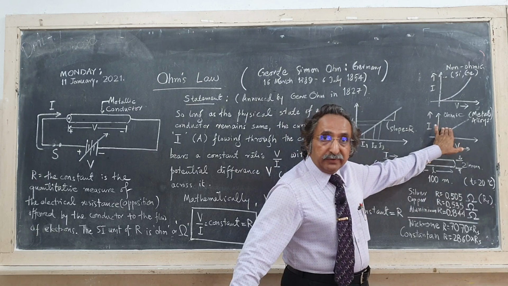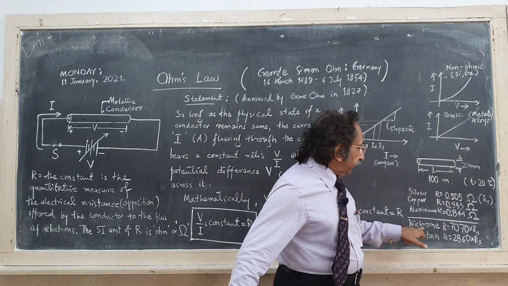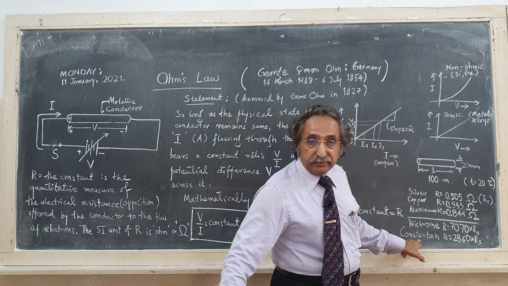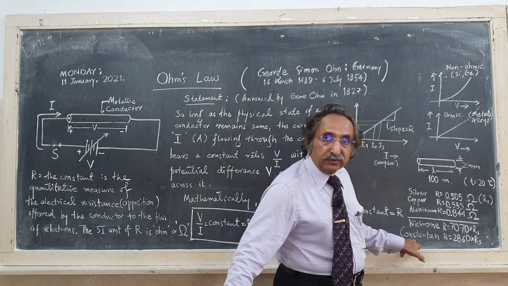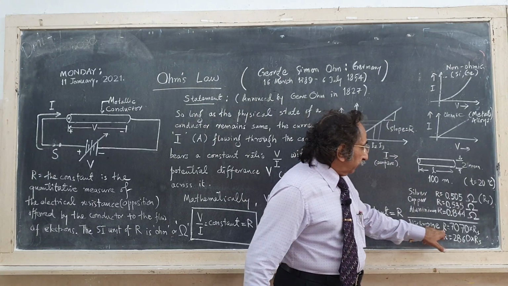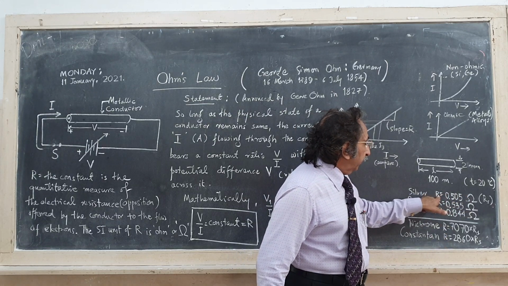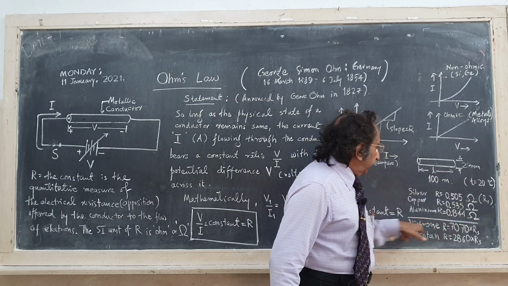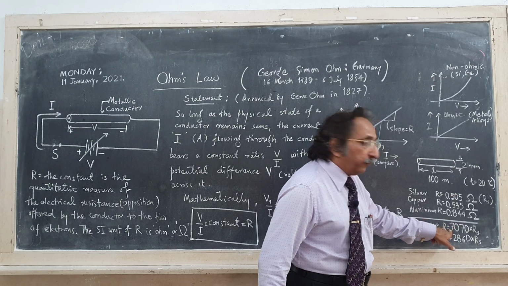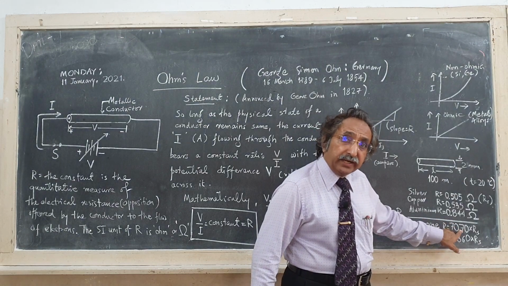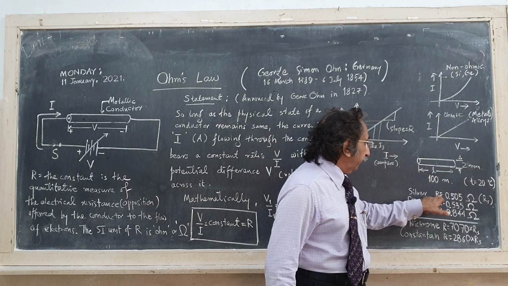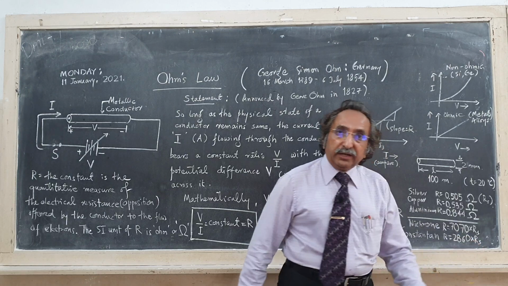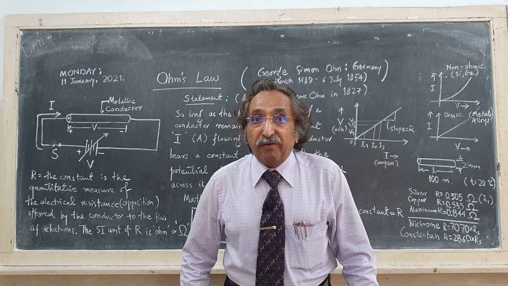Now, different substances have different resistance. Ohmic substances include pure metals as well as alloys. Two particular alloys are of greatest importance: one is nichrome, the other is constantan. If the resistance of a silver wire of this dimension is Rs, then the resistance of nichrome would be roughly 7070 times the resistance of silver, and that of constantan will be approximately 2860 times the resistance of silver.